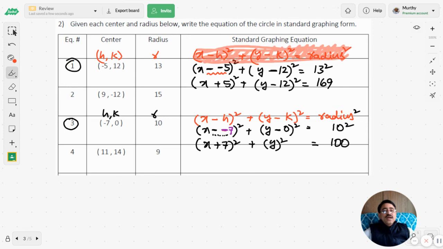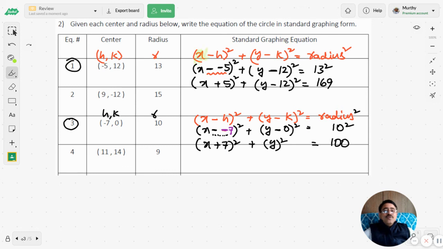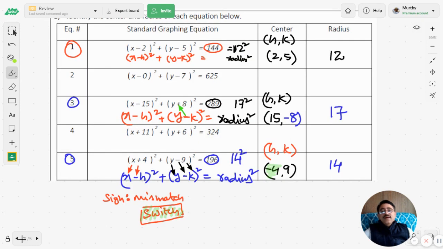The values of h and k may look odd. Okay, so please don't forget this formula. You write this formula and then plug in the values of the radius and the center, I mean, h and k values. That's it. And next, the last part is if the equation is given, don't be scared.